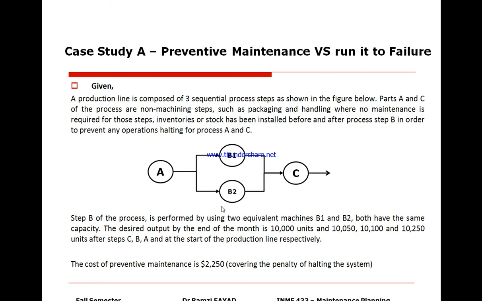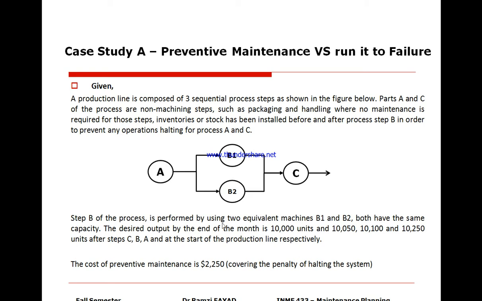If B stops, yes, A can keep working and the items will be stored in the buffer between A and B, but it's not the same for B and C, unless B is really fast and C is really slow, and units were already produced by B and placed in the buffer between B and C, so C can keep working. But usually the buffer works before the machines that need maintenance or repairing.